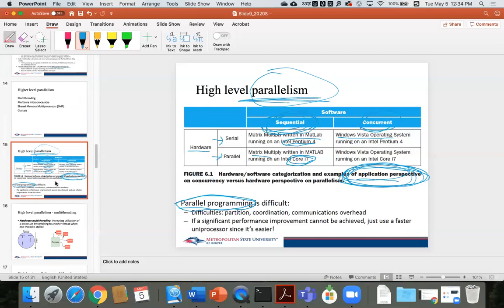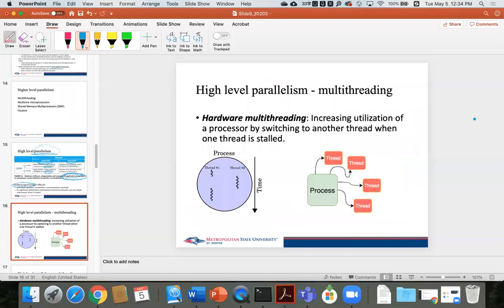Especially in high-level parallelism, when you talk about the application, the software, it's totally different from what we are talking about, because we focus on the hardware design. So thread-level parallelism is one typical high-level parallelism, and the most important example is called multiple threading.